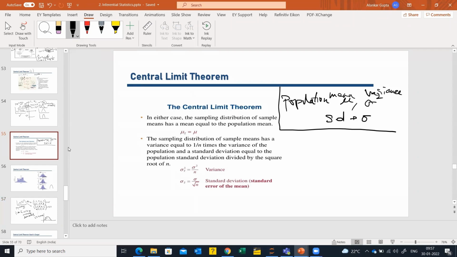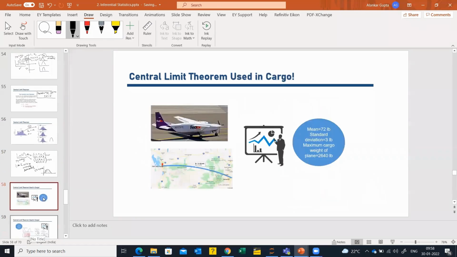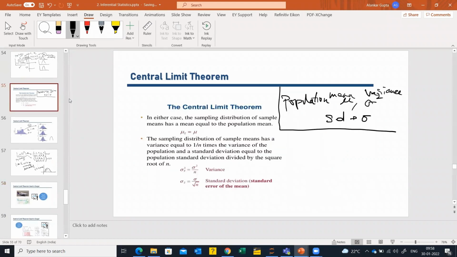So we have to understand that whenever we are creating samples, we have created these using 10 numbers at a time, the mean will actually be mu. It will be closer to the mean of the population, and the standard deviation will change to this.